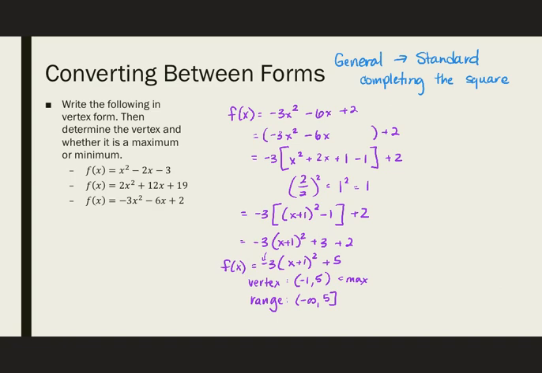Swapping between them is a little bit annoying, but that's how it works. If you don't remember completing the square, go back, look at your notes from chapter 3, go find a tutor, go find a TA, come see me in office hours, make use of your resources, let's figure it out.